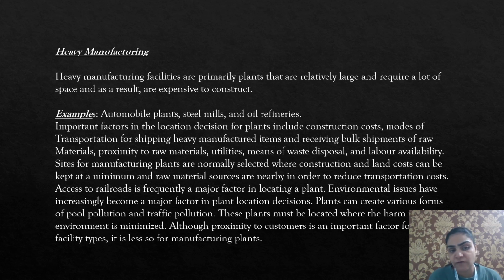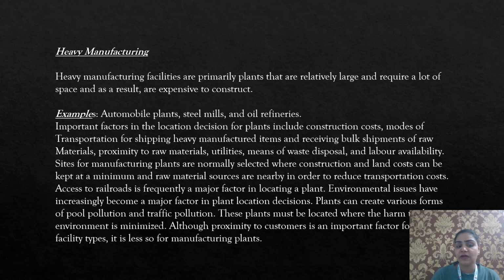refineries. Important factors in location decisions for these plants include construction cost, modes of transportation for shipping heavy manufactured items and receiving bulk shipments of raw material, proximity of raw material, utilities, means of waste disposal, and labor availability.